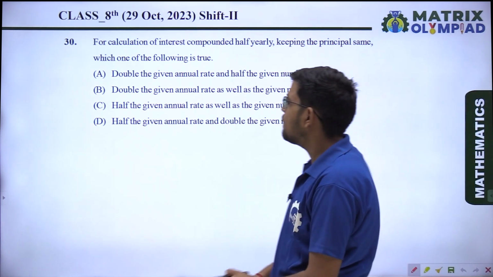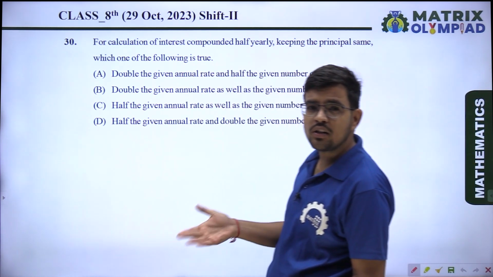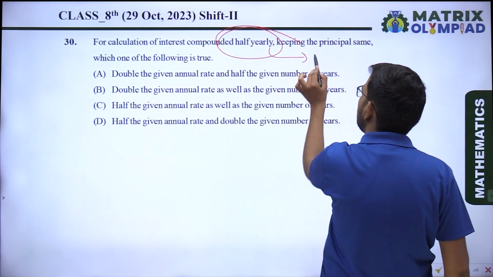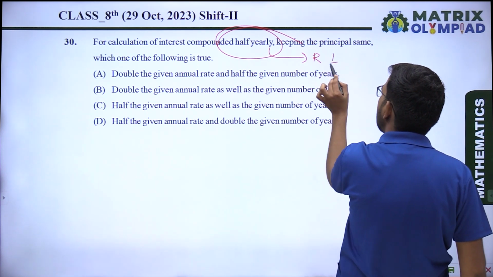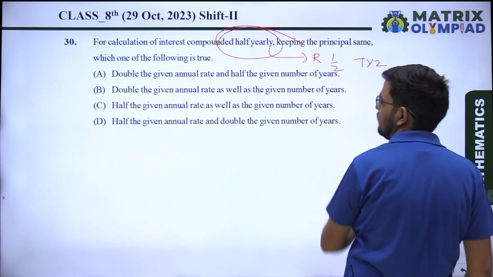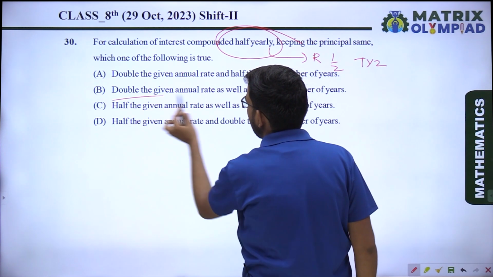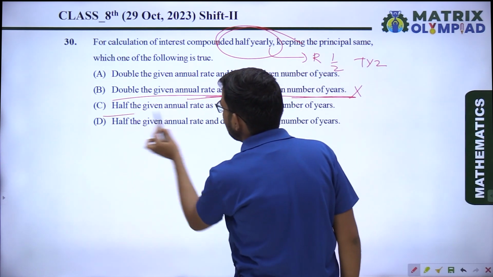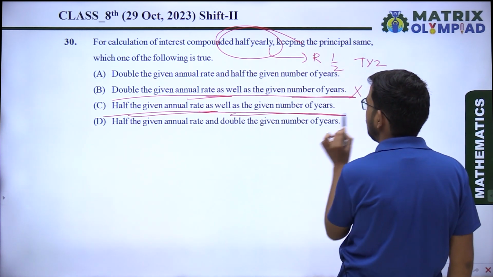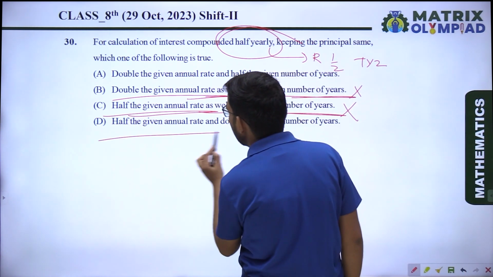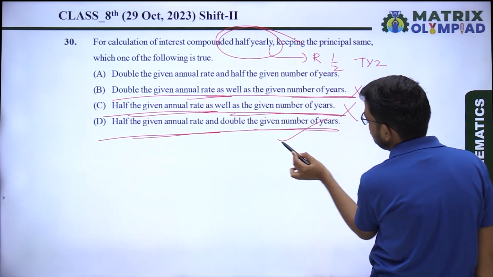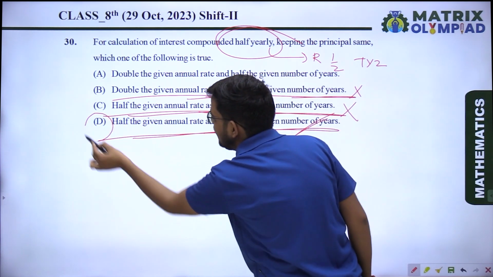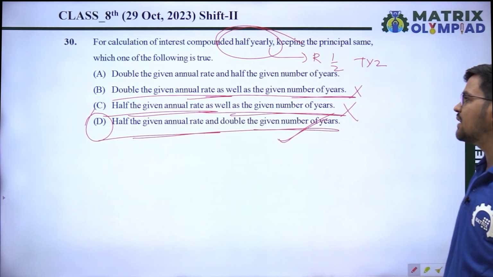It is saying double the rate and halve the time. In compound half yearly, always remember, rate becomes half and time becomes double. Double the given annual rate as well as the given number of years, this one is also false. Half the annual rate as well as the given number of years, false. Half the annual rate and double the given number of years, that is correct. So option D is the correct answer.